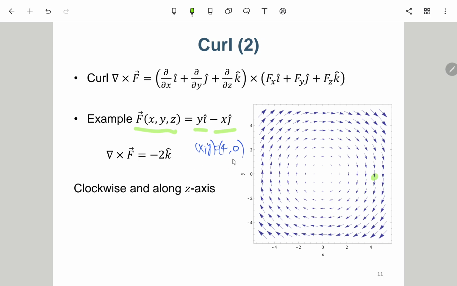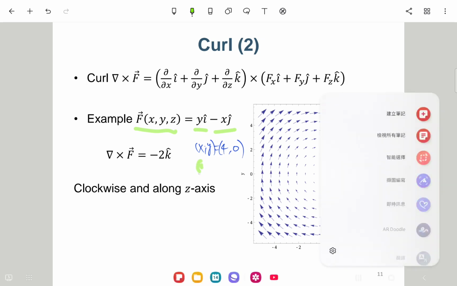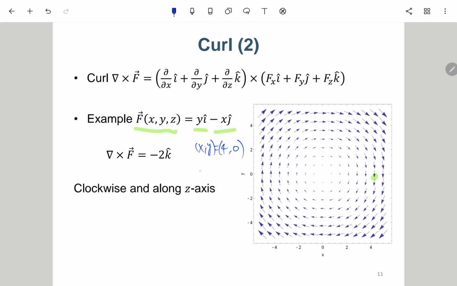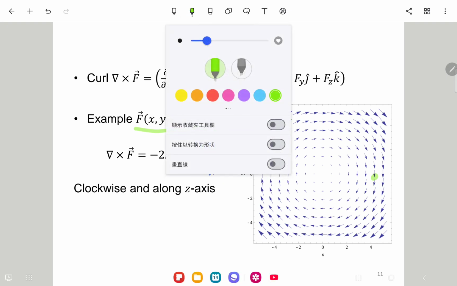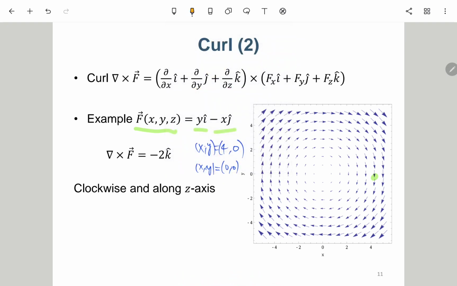Or for example, if I put in x equals y equals 0, okay, which is at the original point. Okay, so this is 0i minus 0j. Okay, so which is nothing here.